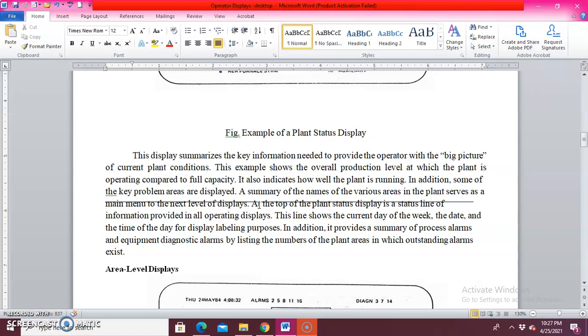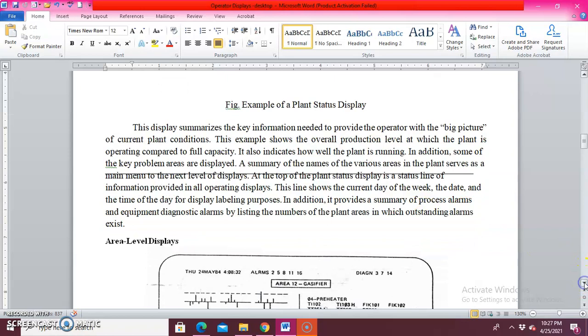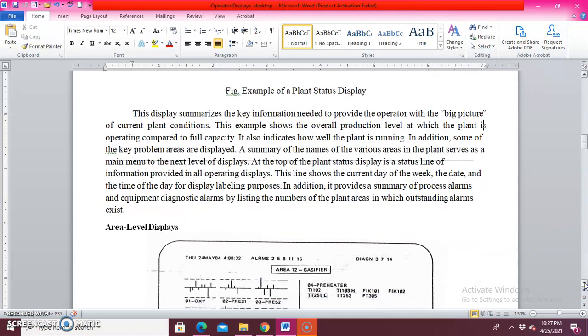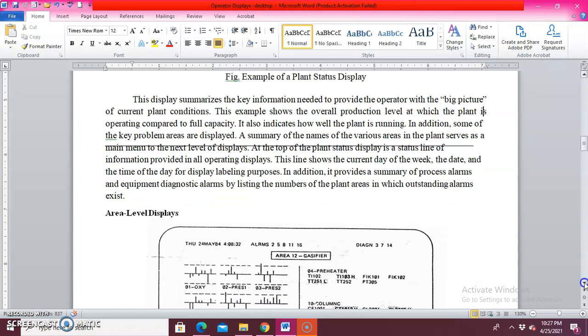Here each line also has an indication, giving the current day of the week, date and time, so that from the display the operator as well as the manager and the workers are able to get the information. Altogether it provides a summary of process alarms and equipment diagnostics by listing the number of plant areas with outstanding alarms.